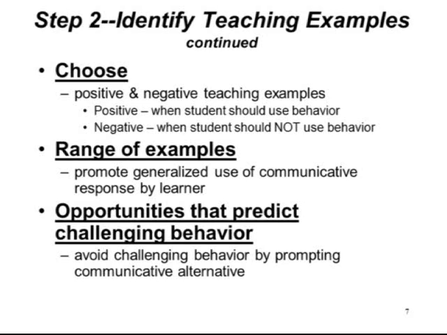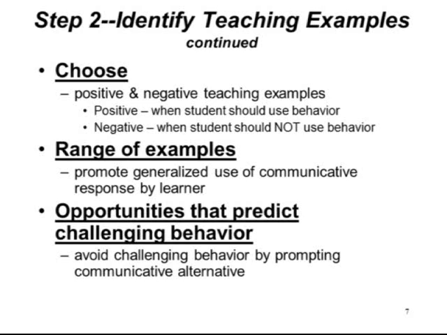In other words, if the challenging behavior occurs in different locations with different people, I want my teaching examples to be in different locations with different people. The reason for this is I want the student to be able to generalize ultimately to examples that I have not taught.